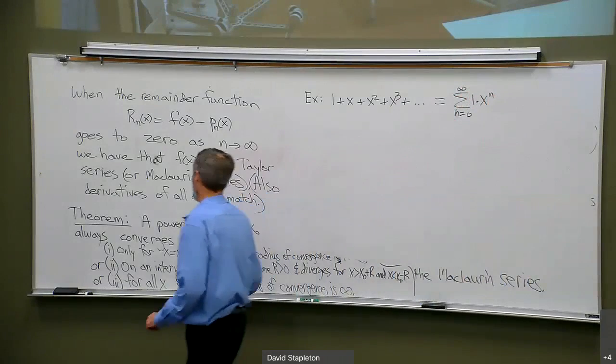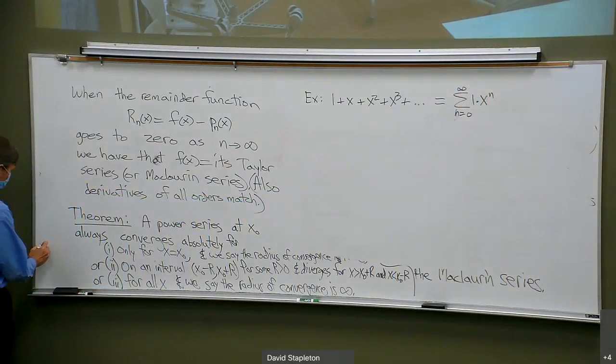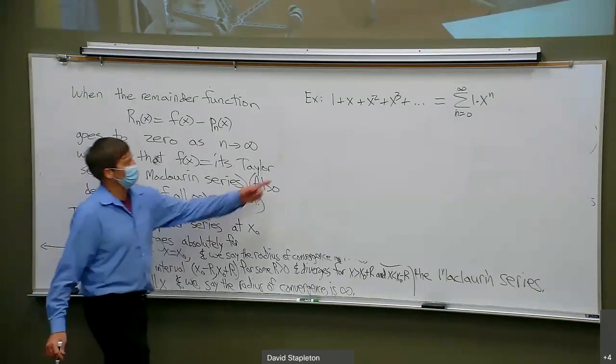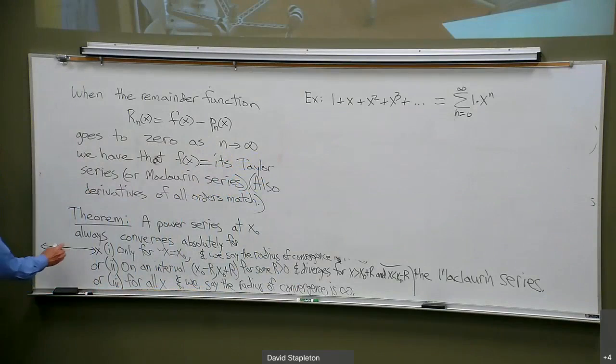Here are the three cases. Really, the picture makes it better. What we do is we draw on the x-axis. We say we can put in any number x we want into a power series, right? It's just a sum like this. It might converge only at the expansion point, x equals x naught, right? That might be the only x value, so you plot that, and not plotting the other ones means it diverges if you put in those values.